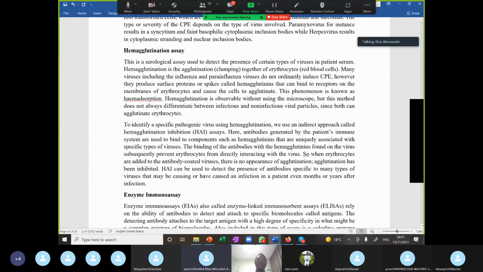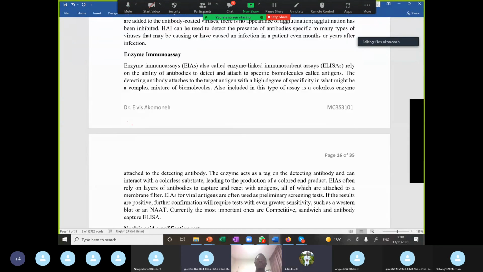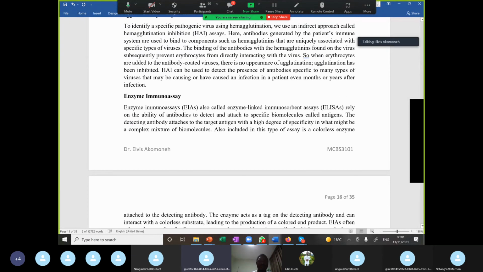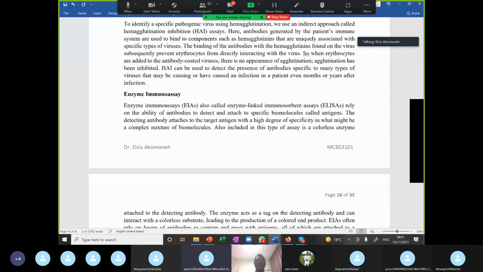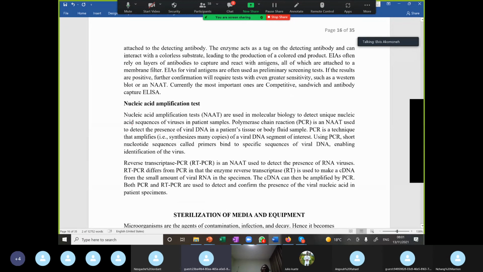We will also exploit the ability of viral particles, specifically antigens, to react with antibodies in what we call immunological assays. There are different types of immunological assays, but the most commonly used is ELISA, enzyme-linked immunosorbent assay.